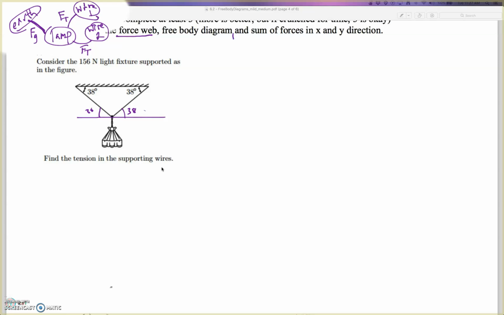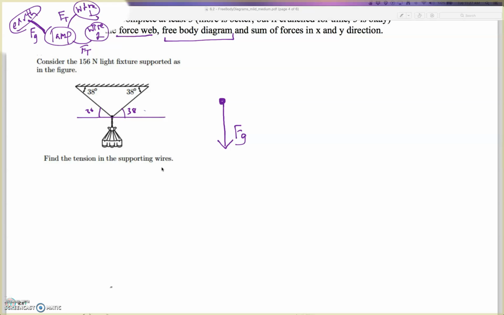And then I'm going to move on to my free body diagram. As you become aware of forces and you feel pretty comfortable and confident with them, you'll find that you don't need the force web as much to help you make the free body diagram, but it's a good place to start out. So my free body diagram, here's my lamp. It's a dot. I'm going to have my gravitational force straight down.